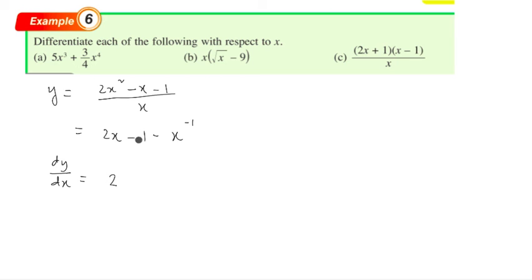Whenever a number with no x, you get 0, so ignore. You are negative, negative, positive, x to the power negative 1 minus 1, negative 2. So 2 plus 1 over x squared, because this one power 1, a to the power negative n is 1 over a to the power n. Done. Okay, now you can do self-exercise 2.3.